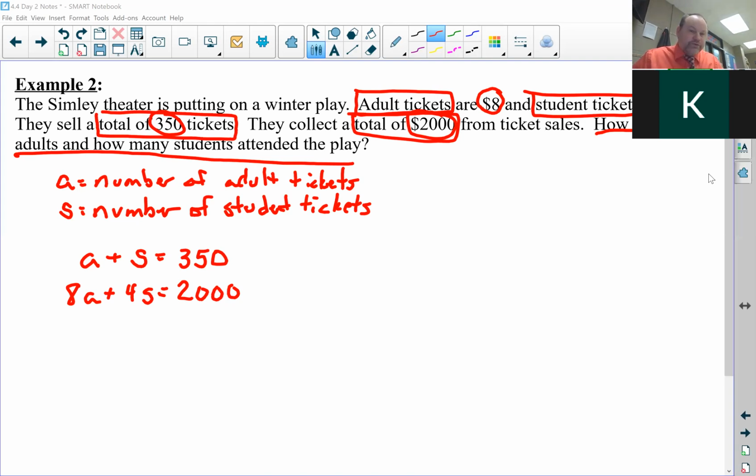So there are a few choices. You could use substitution. To do that, you would need to solve probably the first equation to get it in either S equals or A equals form. So let's go ahead and do that. You could use elimination.